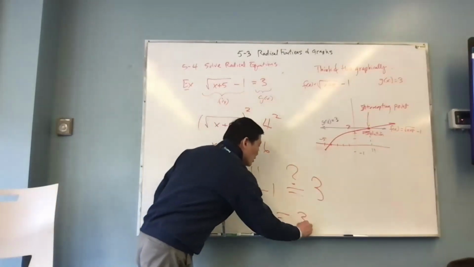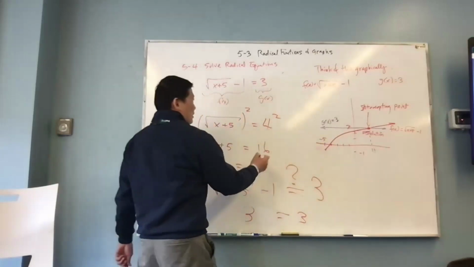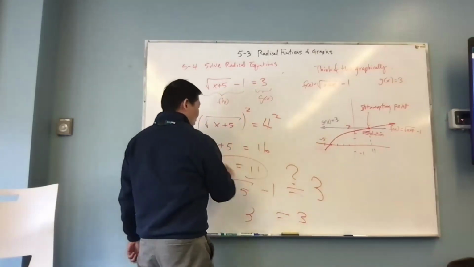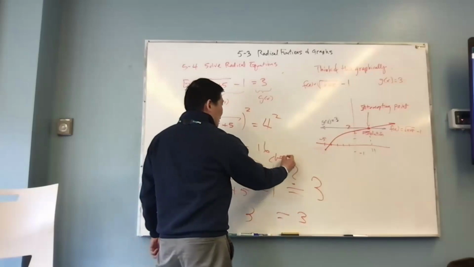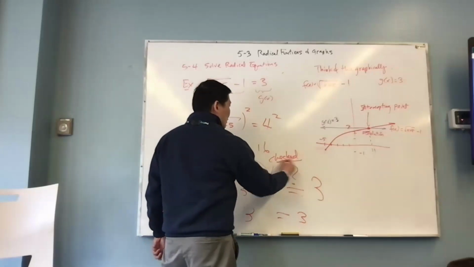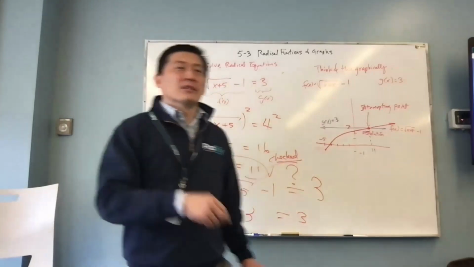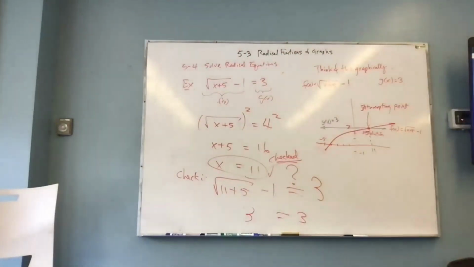So 3 is indeed equal to 3. Therefore, this answer checks, and we can trust that answer. It's possible to experience extraneous solutions, just like in the previous chapter, so you have to always check.